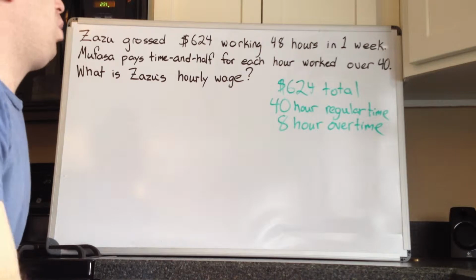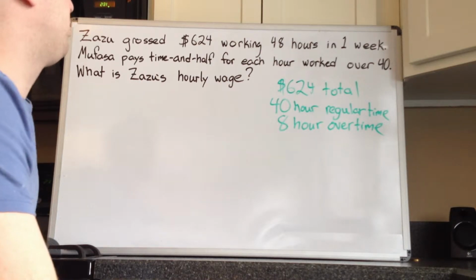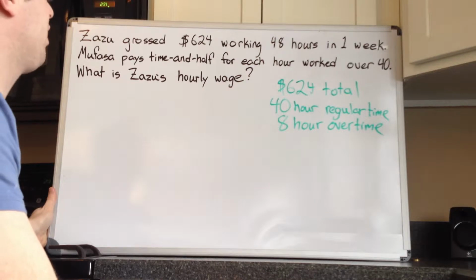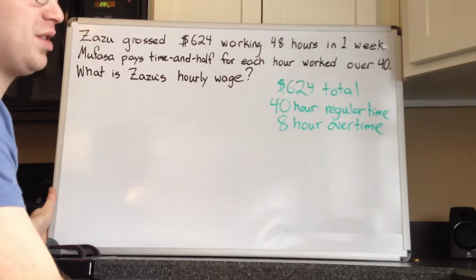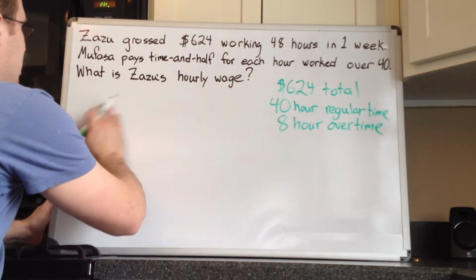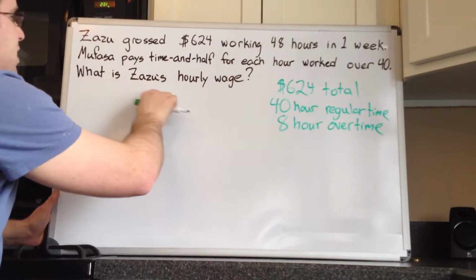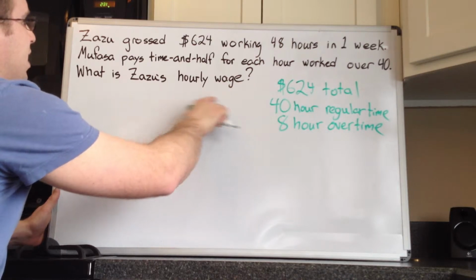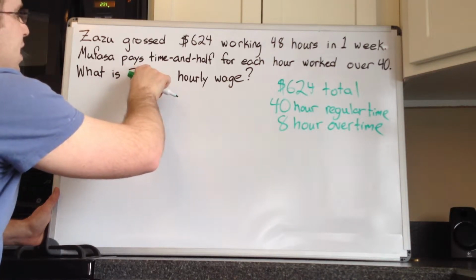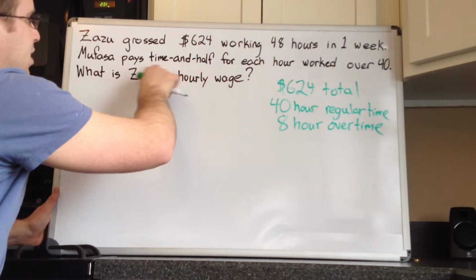Okay, so now we need to figure out what our fundamental and our derivative unknowns are. The fundamental unknown is the main unknown, the thing that we calculate the other unknowns as expressions of. I don't know if that made sense, but we're trying to figure out Zazu's hourly wage. So we need to know what Zazu's hourly wage was, and we're also going to have to figure out what the time and half rate was.